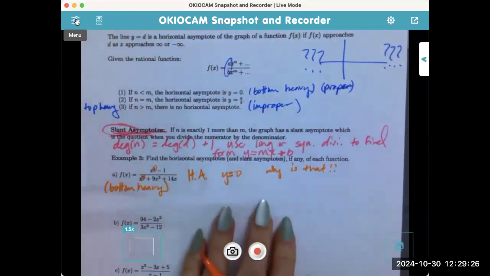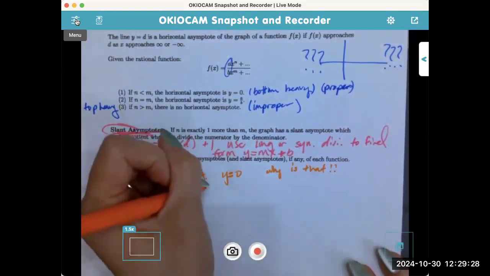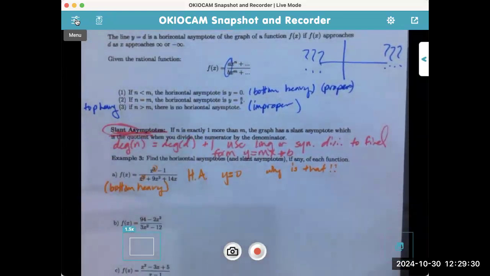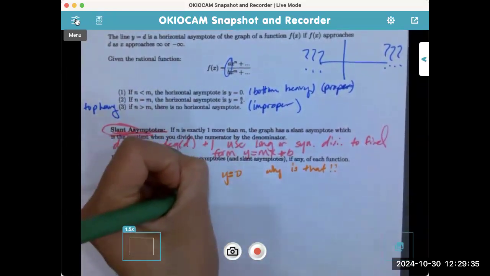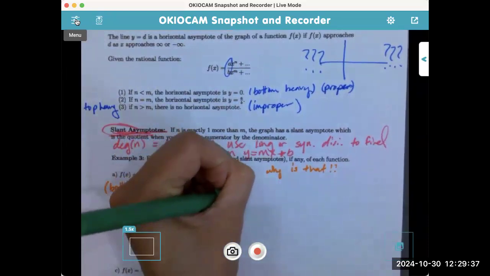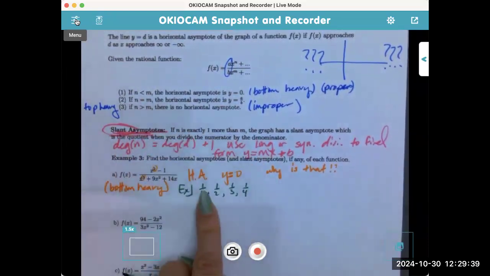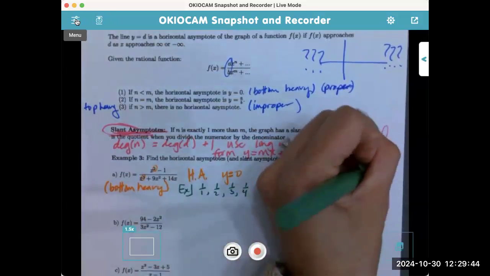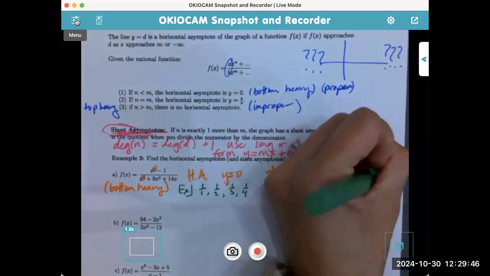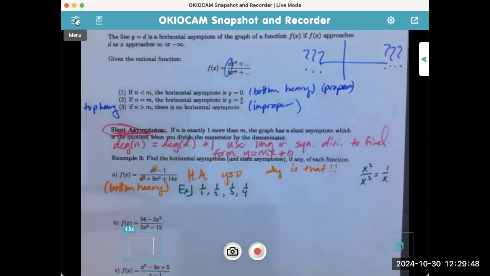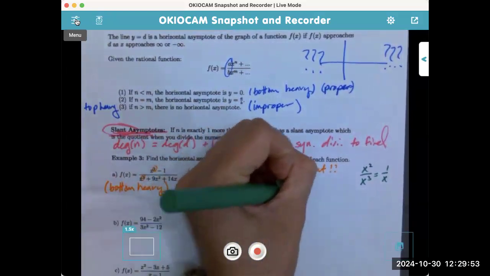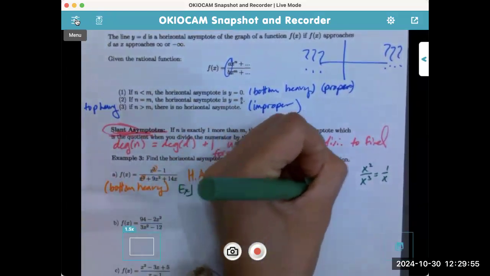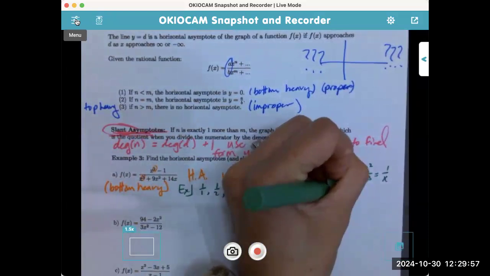Well, if you think about it, let me get my different color. If I have 1 over 1, 1 over 2, 1 over 3, 1 over 4, notice that x squared over x cubed can reduce down to just 1 over x. Then 1 over 5, 1 over 100, 1 over 10,000.